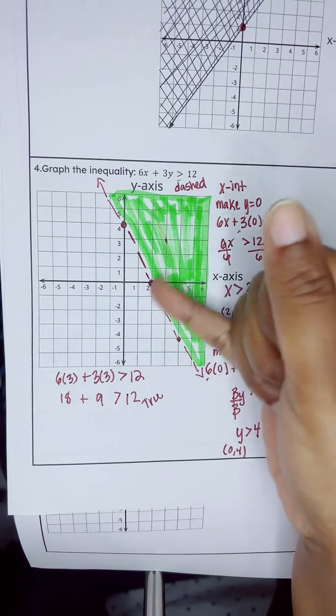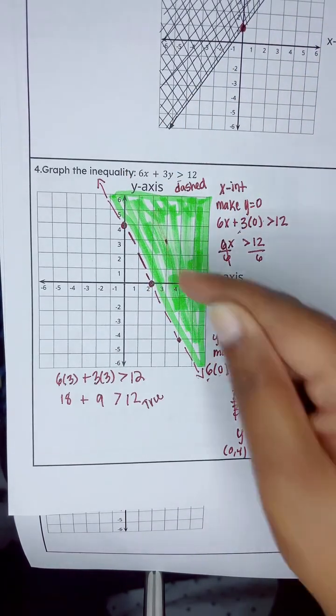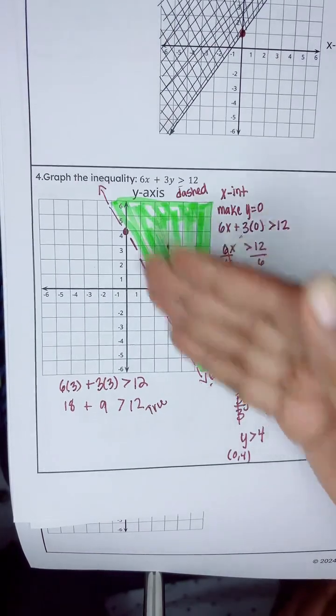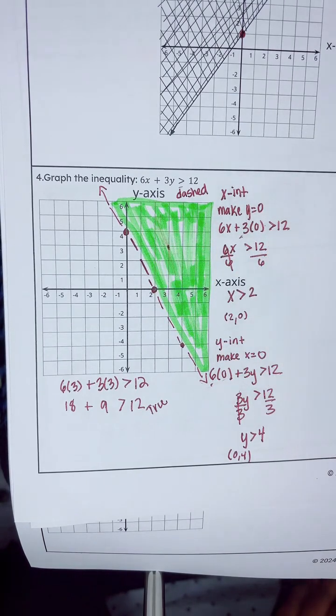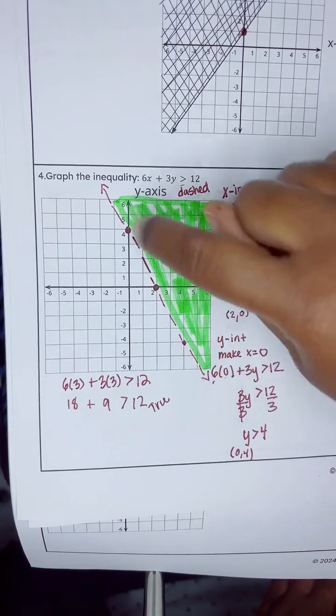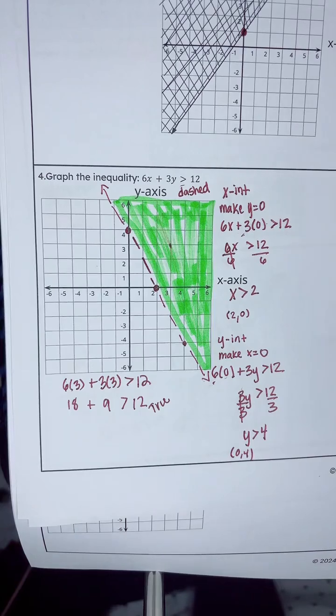Although my answers are going to be greater than 2, I know my line is going to cross at 2, 0. And that's why it's a dotted line. It's not including 2, because it's a dash line. But this is my intercept for this line, and 4 is my intercept as well. So I was just finding my intercepts. Great question, Sean.